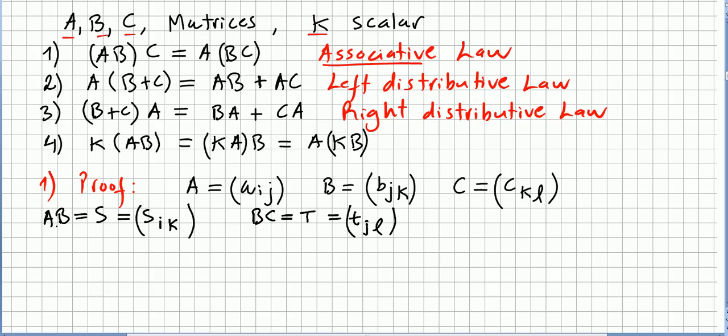So A times B will be matrix S, with entries Siq, because it's the product of AB. And BC will be matrix T, big T, with small t entries Tjl.